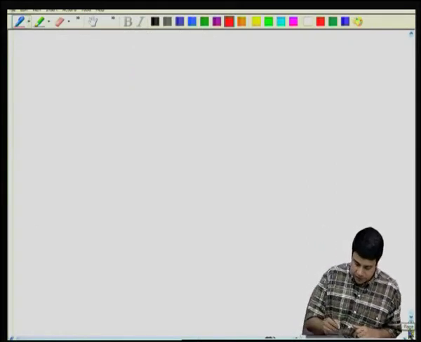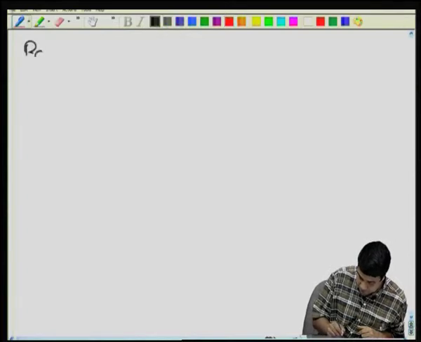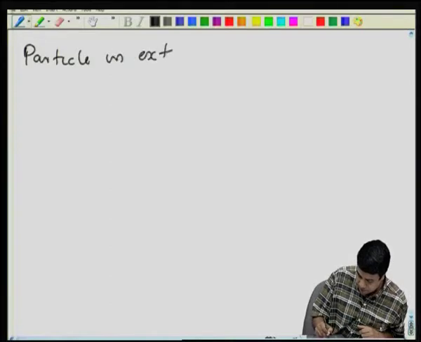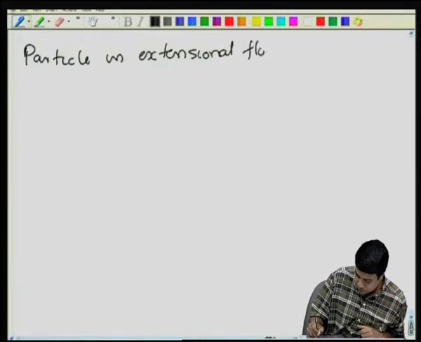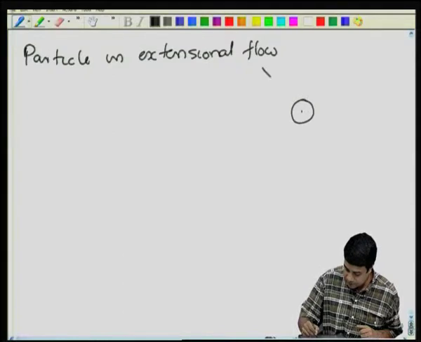So, this is the solution for a particle in an extensional flow.